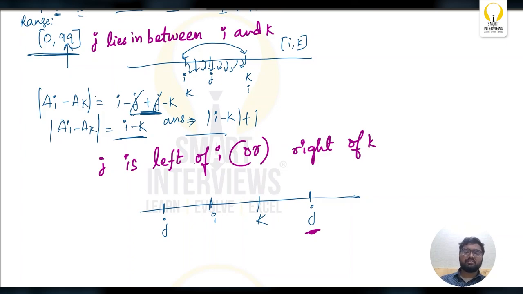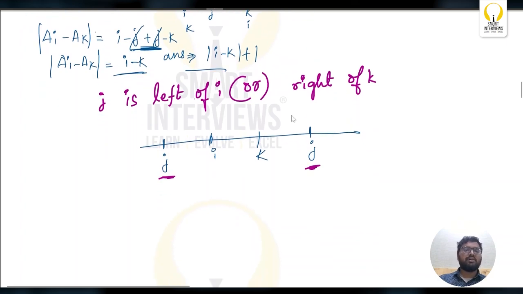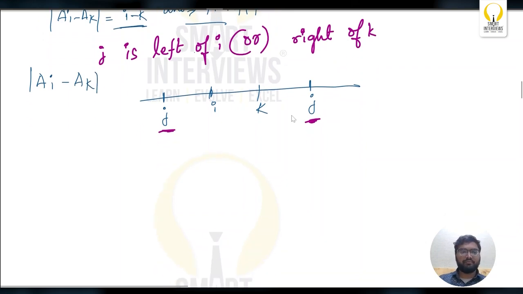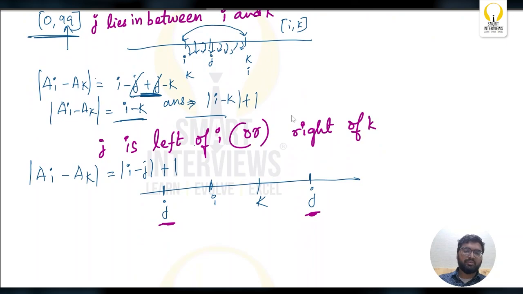Both are valid, but we should make sure what we are going to subtract here. So what will be the absolute value of a[i] minus a[k], how does your equation turn out in this case? In general, it is denoted like |i minus j| plus |j minus k|.